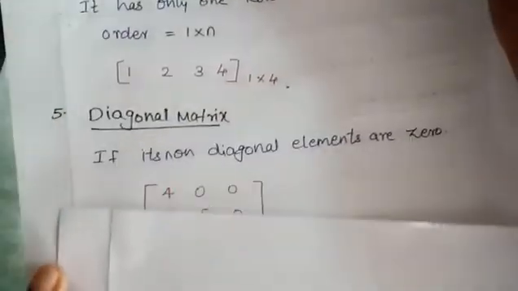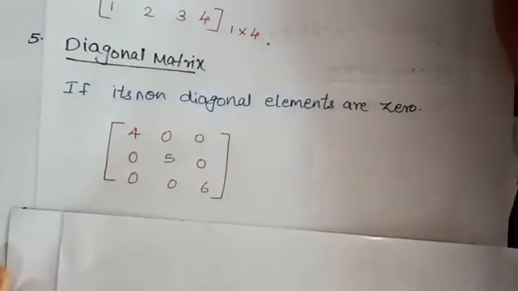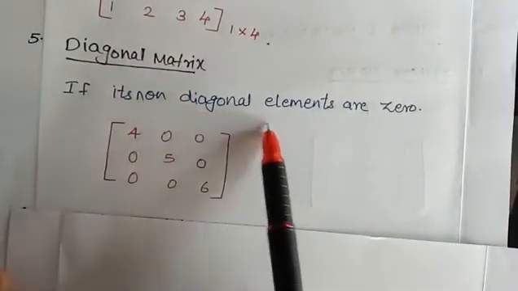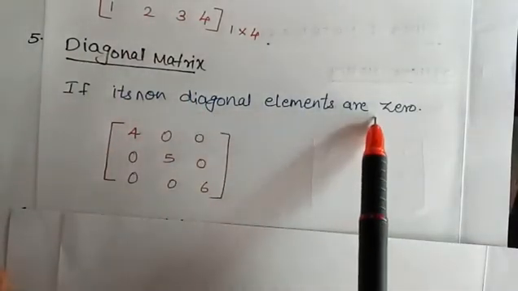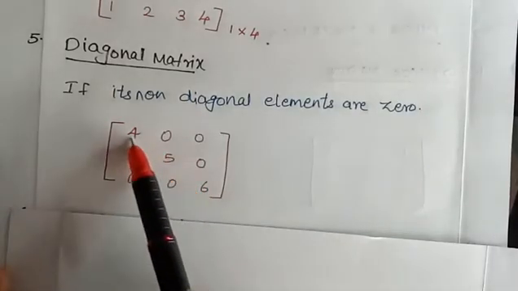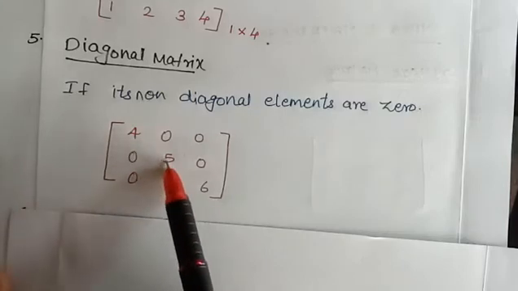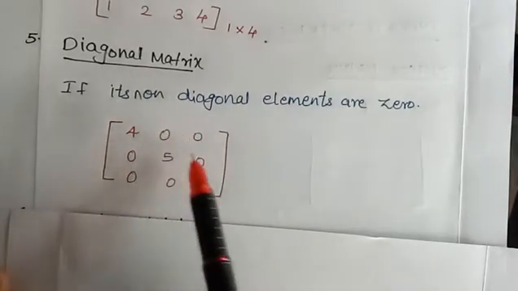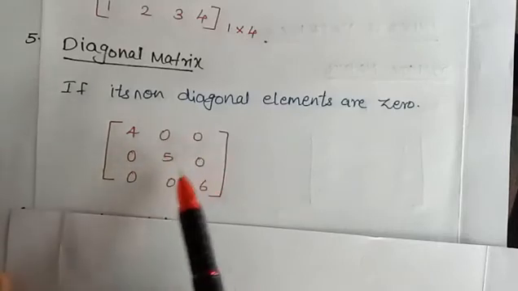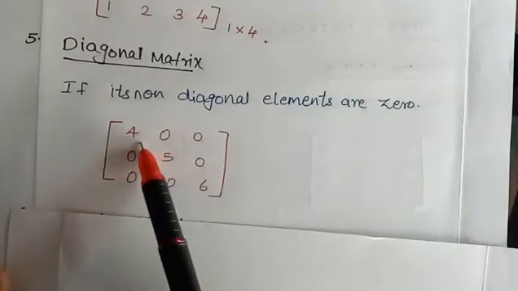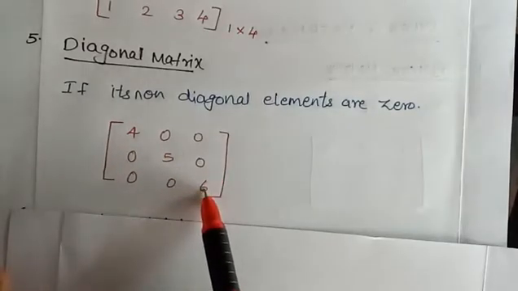So the next type is the diagonal matrix. Diagonal matrix means its non-diagonal elements are 0. So we know that this is called the diagonal, isn't it? In a diagonal matrix the non-diagonal elements are 0 and the diagonal elements are non-zero.